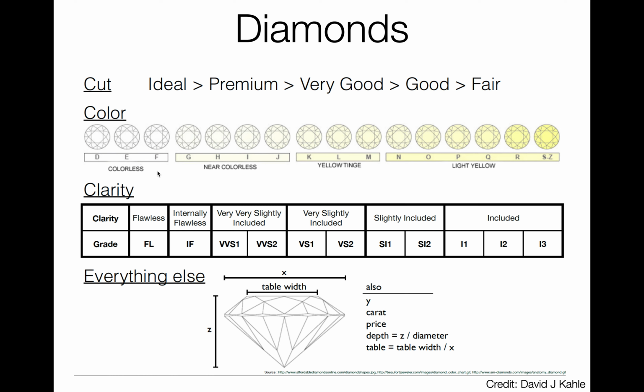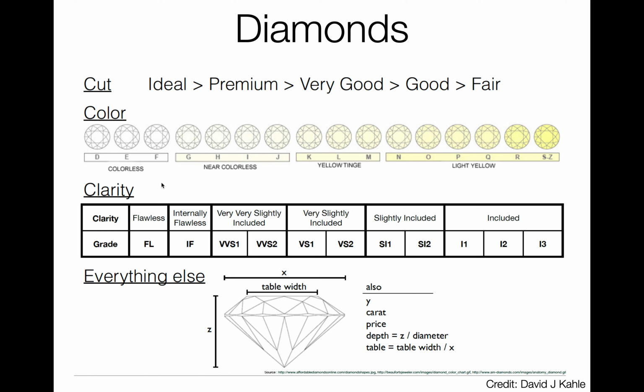The highest is flawless, but then you can go down through internally flawless all the way down to what's called included. If you're interested, you can look these up online, and they will show you pictures of each. Those included diamonds are probably going to be pretty opaque in the middle, but a flawless diamond is probably going to be pretty clear. So there's cut, color, and clarity, and then there's a bunch of other stuff.